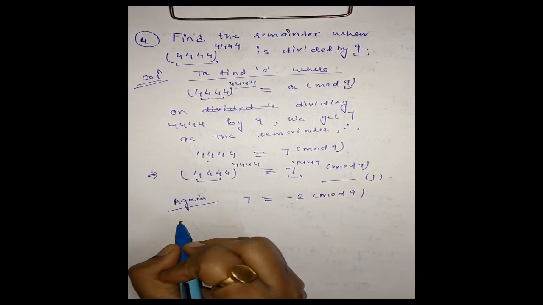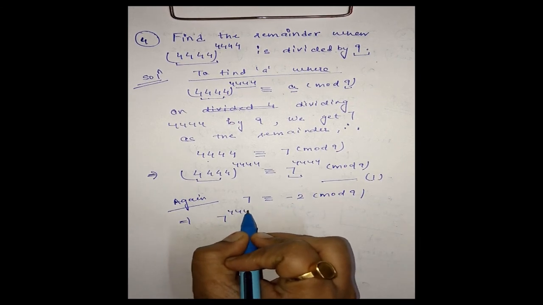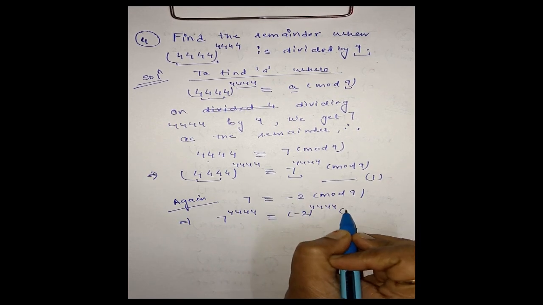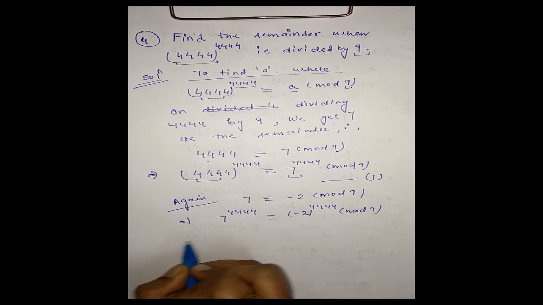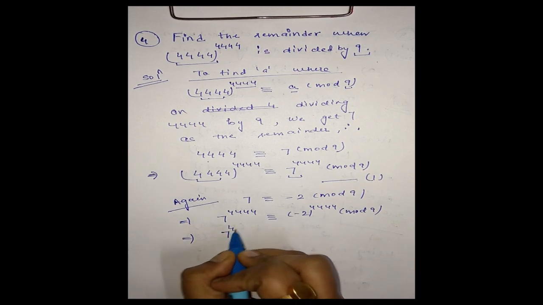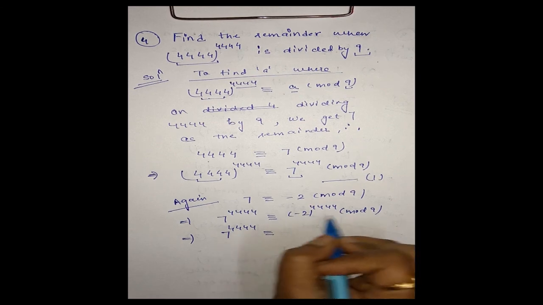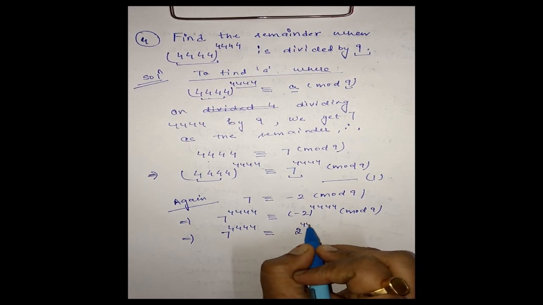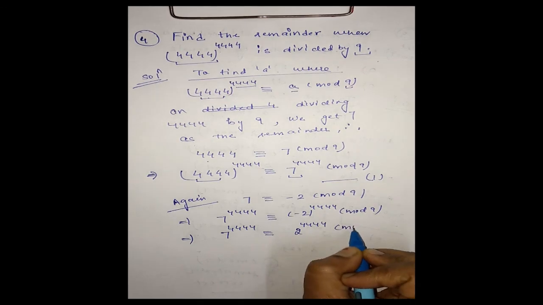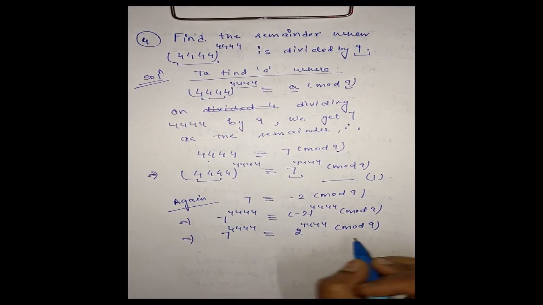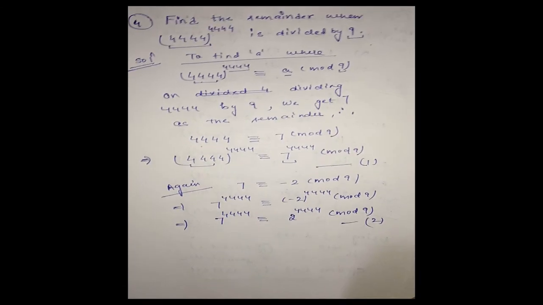Now taking power both sides, we get 7 power 4 times 4, and this is an even number, so we are free from the negative sign here. Mark this as equation number 2.